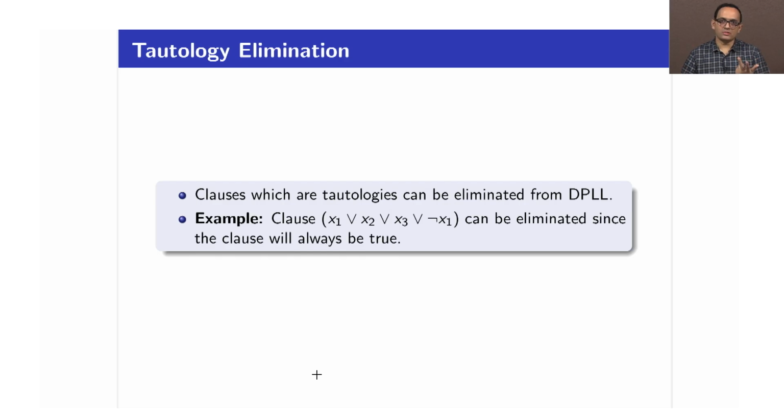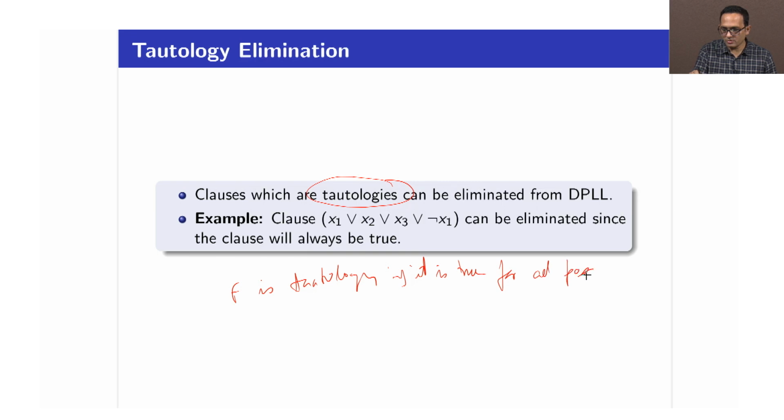So, you know what is tautology, right. If you have a formula which is a tautology, it means it is true for every possible input, right. So, a formula f is a tautology if it is true for all possible inputs, right.